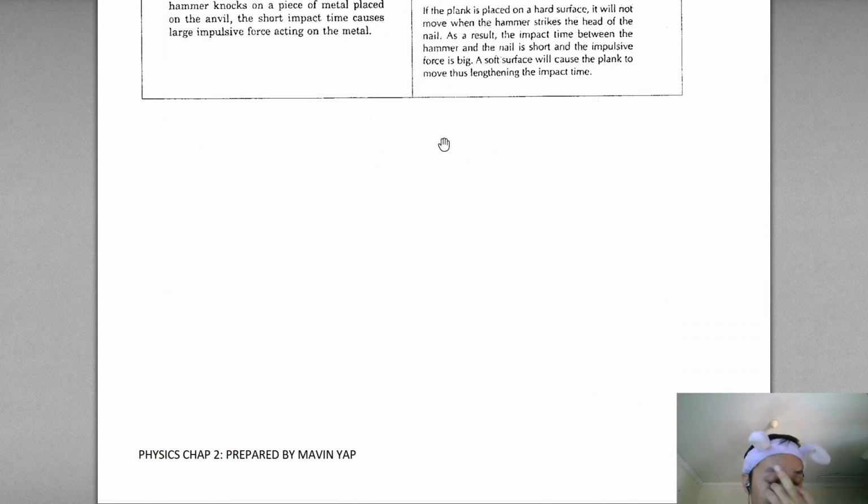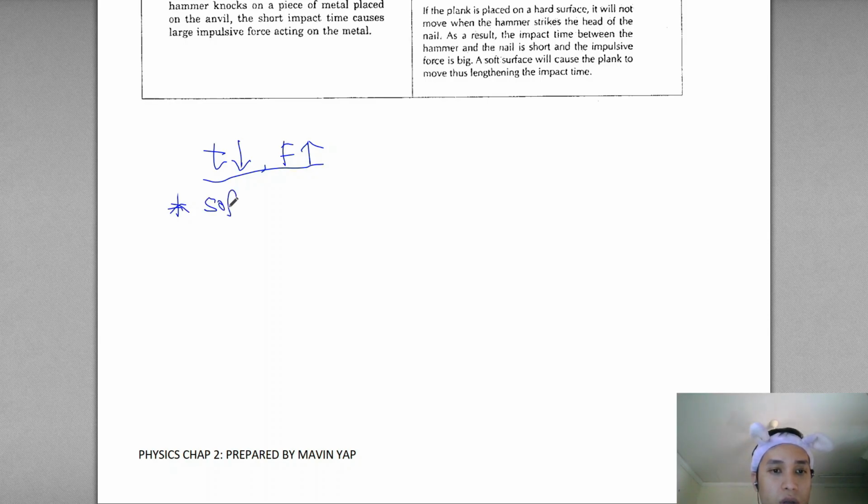Okay, so based on the examples shown above, I can summarize into two things. First, if I want to reduce my impact time and increase my impulsive force, I need to use hard materials or a hard surface.